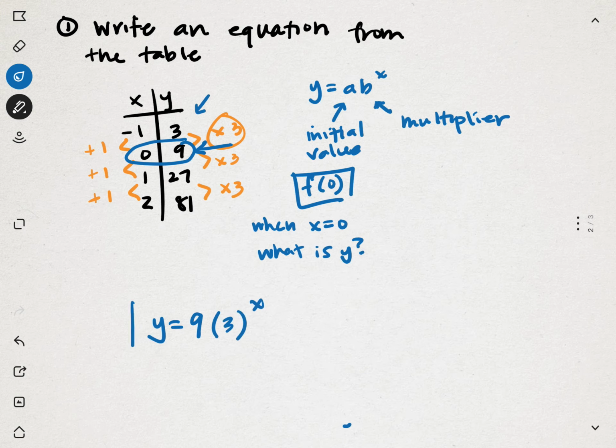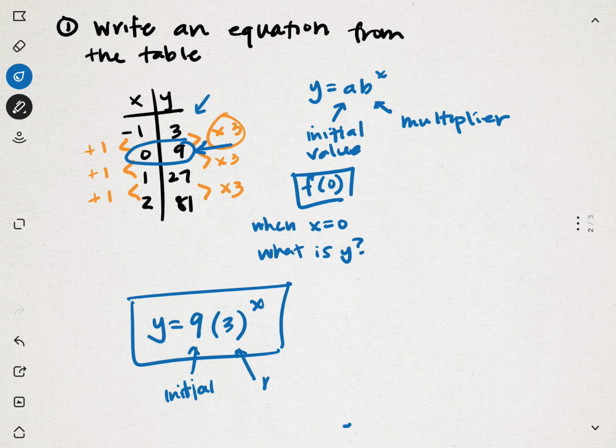And then we have our x. This is our equation. So we end up with y equals 9 times 3 to the x power. 9 again is the initial value. 3 is the multiplier.